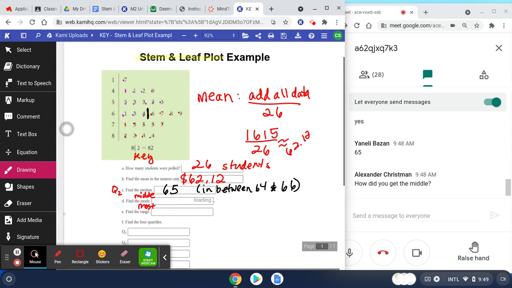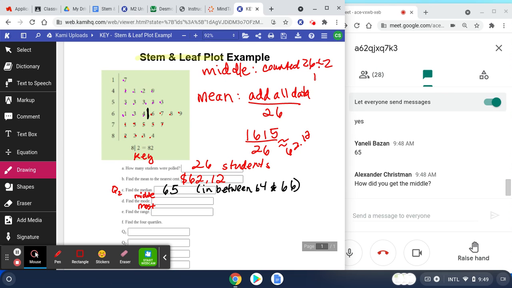So to get the middle, I counted 26 things and divided it by 2 to get 13, Alexander. And so then I just counted 13.